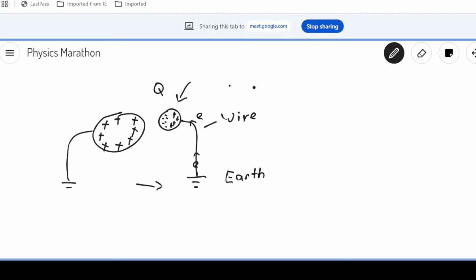Right, so it's going to become negatively charged because now you have more electrons in Q, or more negative charges than positive charges.